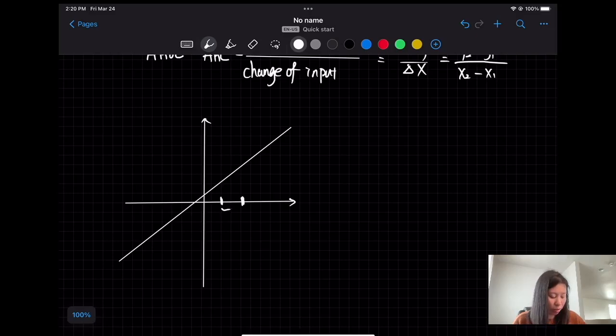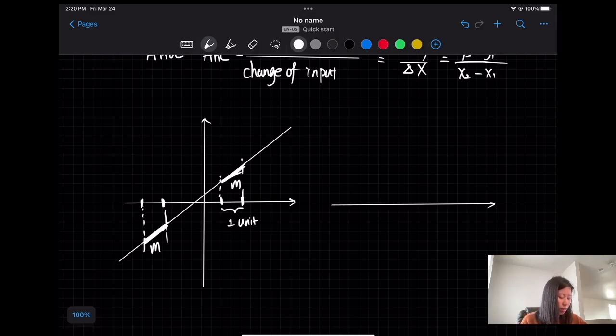So the distance between these is 1 unit, let's say 2 units, or it doesn't matter, 1 unit. So that means in any given 1 unit, the slope is always the same. If this is 1 unit, or if this is 1 unit, the slope of this part should be the same, right?